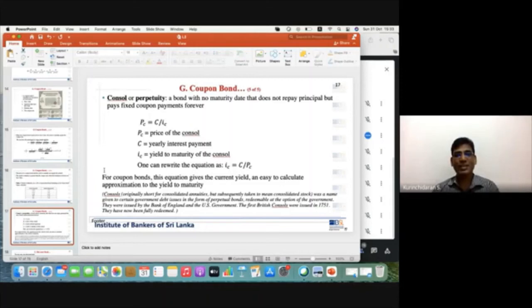That's the question. So here I apply this one to shares as well. If you are going to invest in shares, right, let's assume John Keells shares, you are not going to sell it again. So every year you will have an expectation, or maybe Sampath Bank shares, maybe 18 rupees per annum they may be paying. Now you have to think at what price I can buy these shares.